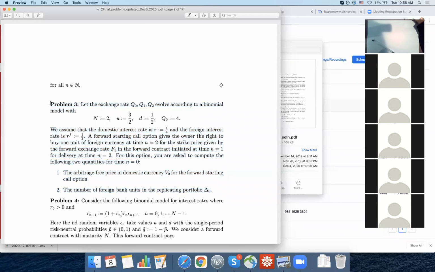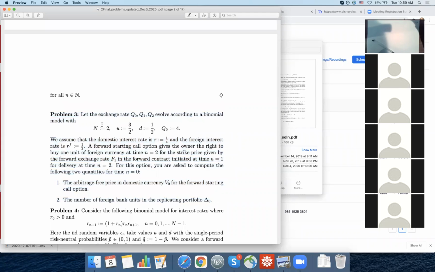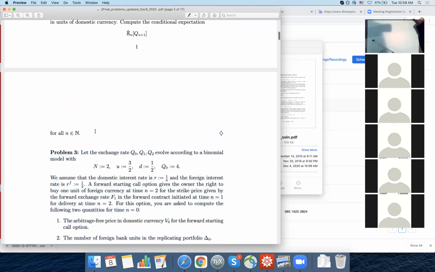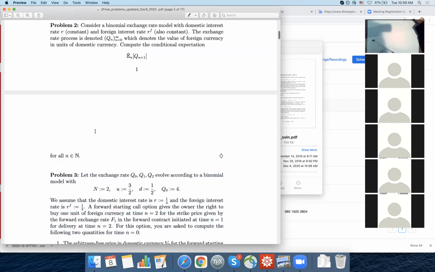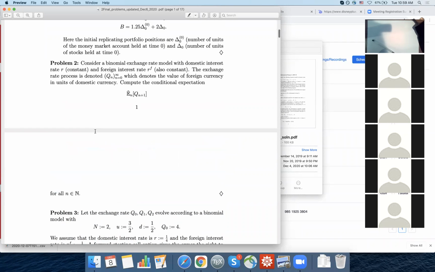This problem number 3 is from the lecture we did last week. We went through this problem here. So if you want to see the solution to problem number 3, you can look here in the file, and you can also look at last week's lecture.